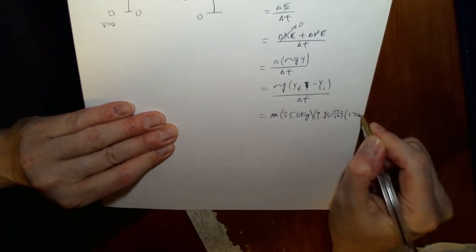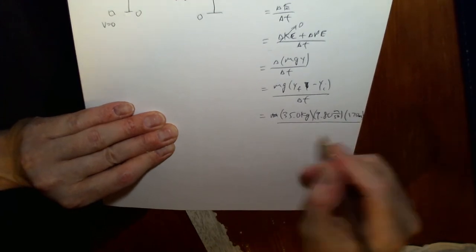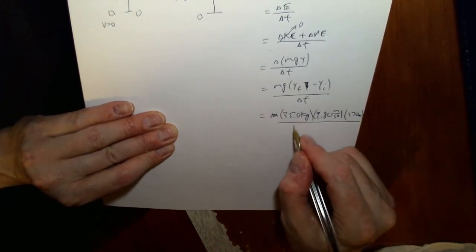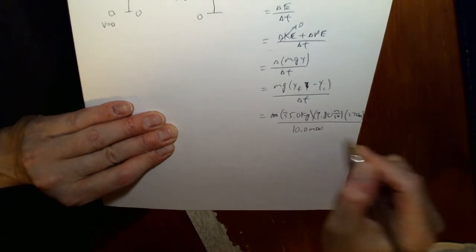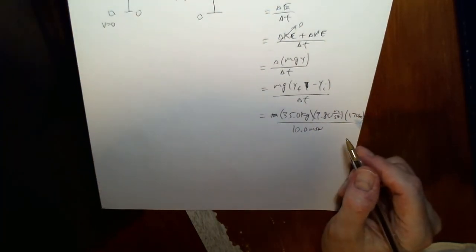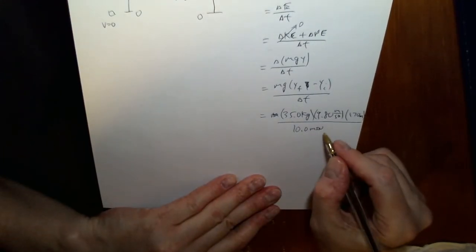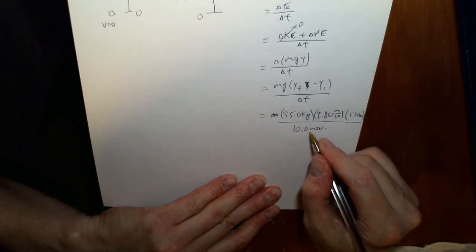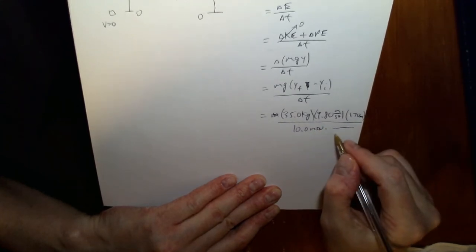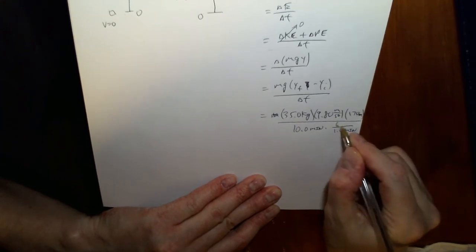So 170 meters over delta t, which is 10 minutes, and I've got to convert that to seconds because I want the power in what units? Right, watts. So I want to divide out by minutes. So 1 minute is 60 seconds.